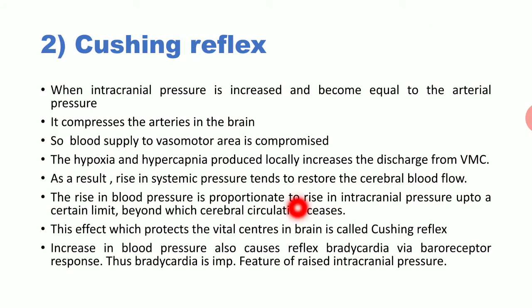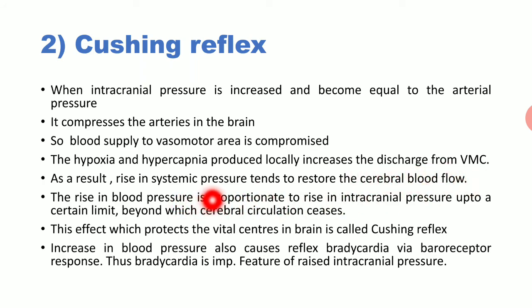Another mechanism is the Cushing reflex. When intracranial pressure is increased and becomes equal to the arterial pressure, it compresses the arteries in the brain. So blood supply to the vasomotor area is compromised, and due to this, hypoxia and hypercapnia are produced, which locally increase the discharge from the vasomotor center.